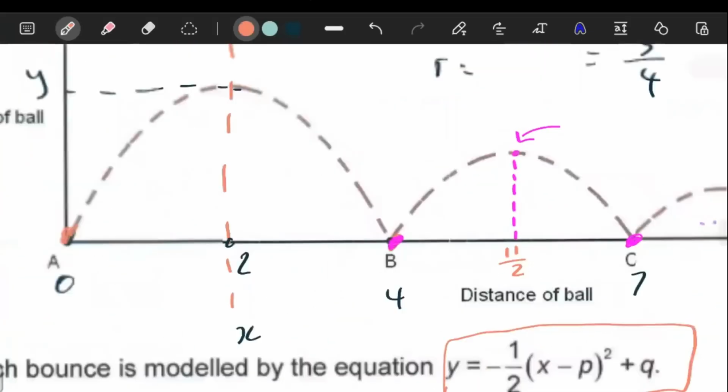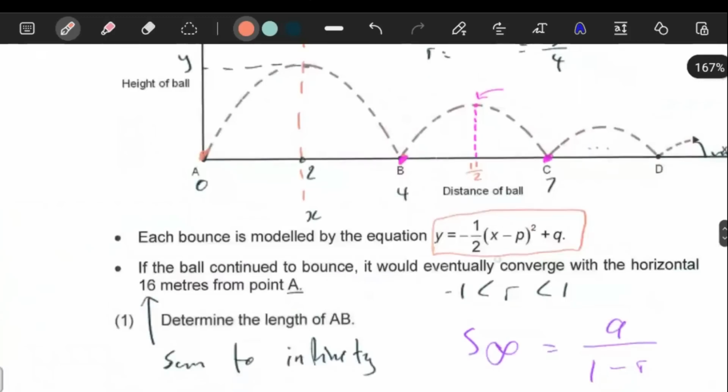Now, what you know is, in this equation, you have an x value specifically, whichever way, the value of p is 11 over 2. The value of q is what we need to get the height. But fortunately, you can throw in a coordinate that the graph passes through for you to get q. I'll repeat. They said each bounce is modeled by this equation.